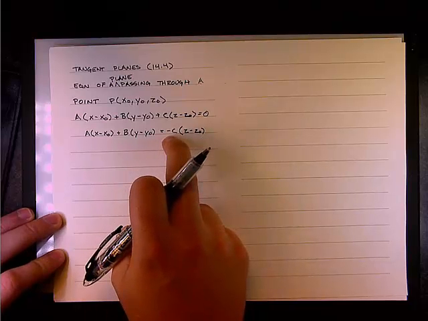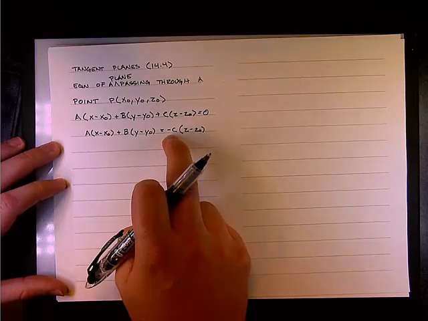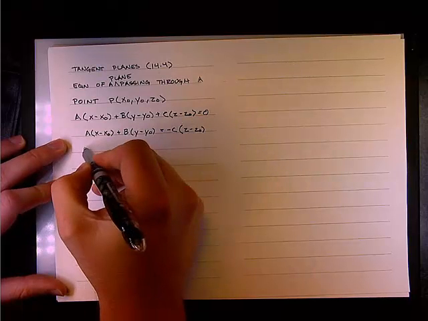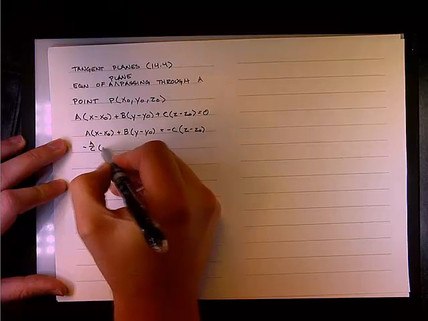Now we want to eliminate these terms and change them around. So we're going to divide the equation by negative C, and then assign some variables to our components.